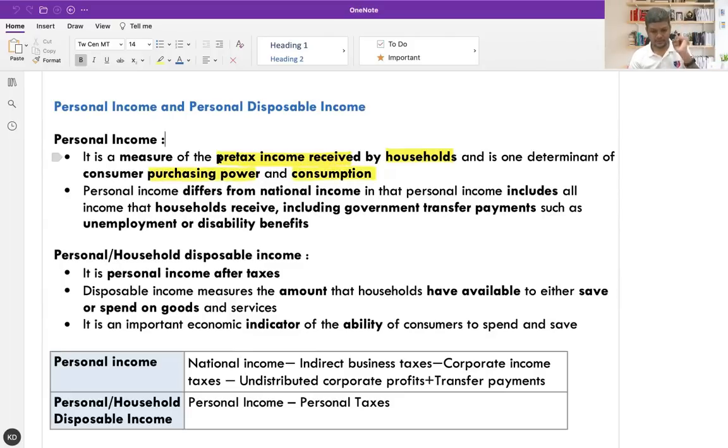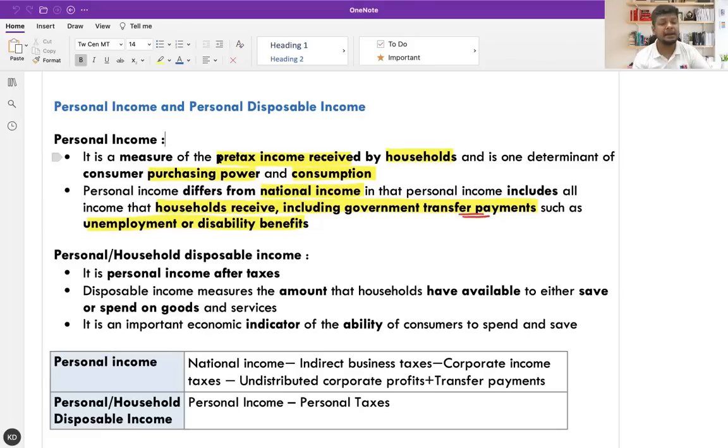Clear? Personal income differs from national income. Personal income includes all the income that households receive, including government transfers such as unemployment or disability benefits. So if you recollect the GDP calculation, did it include transfer payments? No. But personal income does include transfer payments.